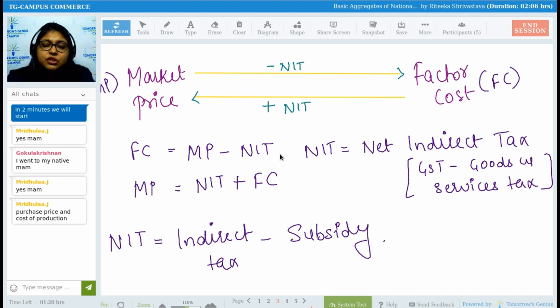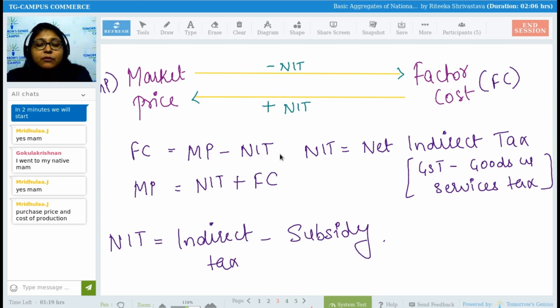Subsidies are nothing but the discounts which the government gives to the poor people. So MP and FC are directly related to NIT. If you want to go from MP to FC, you have to deduct NIT. If you want to go from FC to MP, you have to add NIT. Alternative name of NIT is GST, that is goods and services tax.